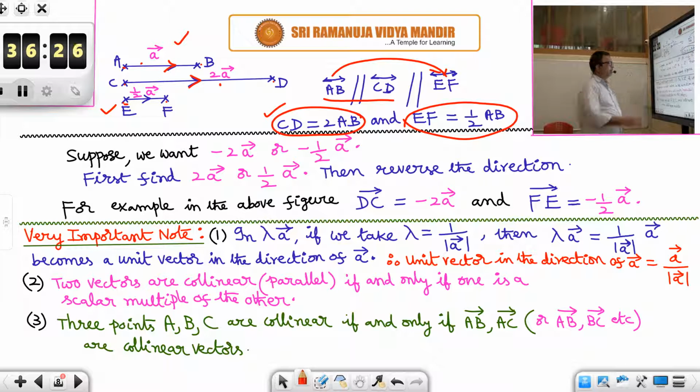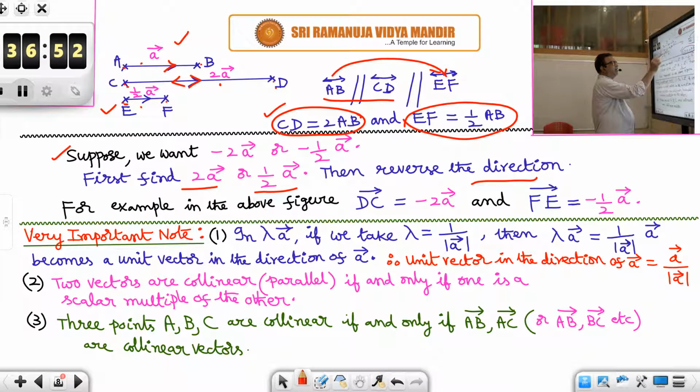Okay. Now suppose we want minus 2A bar or minus half A bar. Instead of 2A bar, I want minus 2A bar. Instead of half A bar, I want minus half A bar. What we have to do? First find 2A bar, half A bar, then reverse the direction, that's all. So 2A bar is CD bar, minus 2A bar is DC bar, reverse the arrow like this.